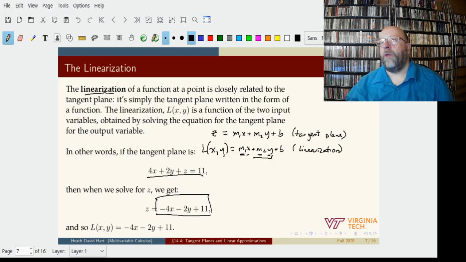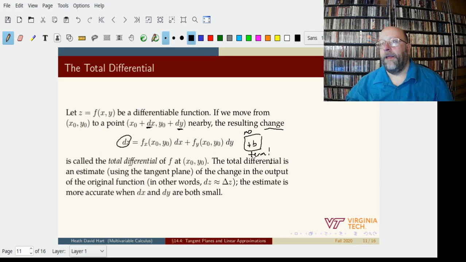And so the only part of the linearization that changes is this part here. If all we're interested in measuring is change, then we don't need the b term. So the b term is gone from the differential. It's called the total differential of f at x naught, y naught. It's the total of the change based on x and the change based on y. It is an approximation for the change in z. It's most accurate when dx and dy are both small.